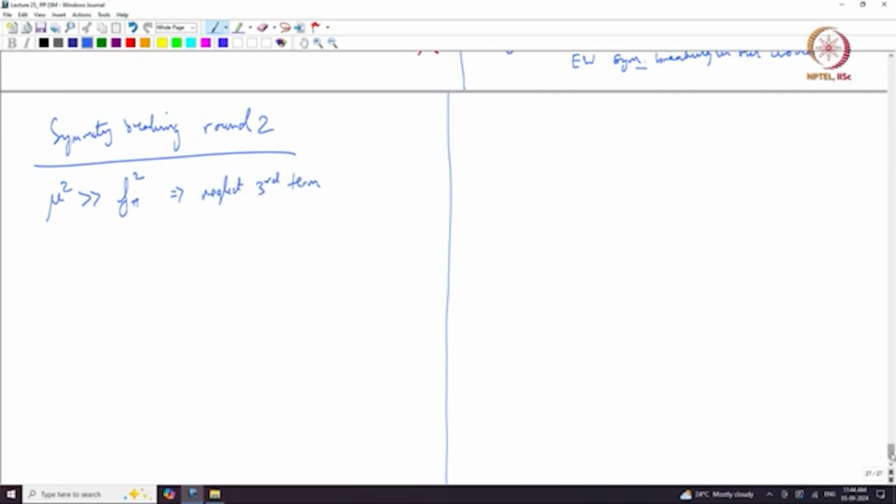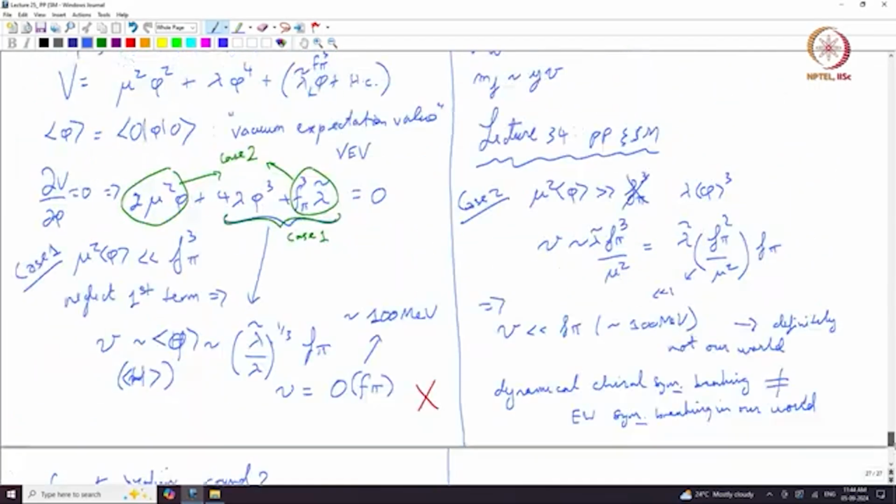All right. So, literally this means another way to say it is this, okay. We will find in the end that the expectation value is indeed larger than f pi, so that these become equivalent, okay.